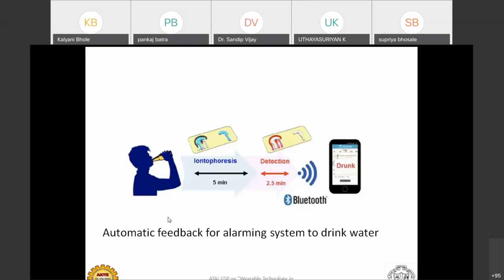It takes some time, like 5 minutes, and 2.5 minutes for detection, so you can say it's a 7 minute delay, but that's fine. After drinking a glass of water and after 7 minutes, my mobile app can detect that I have drunk water. This is one example for iontophoresis.